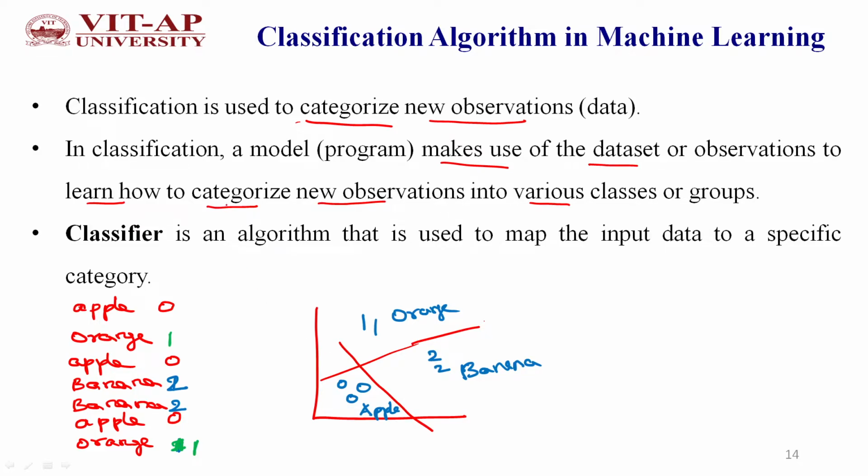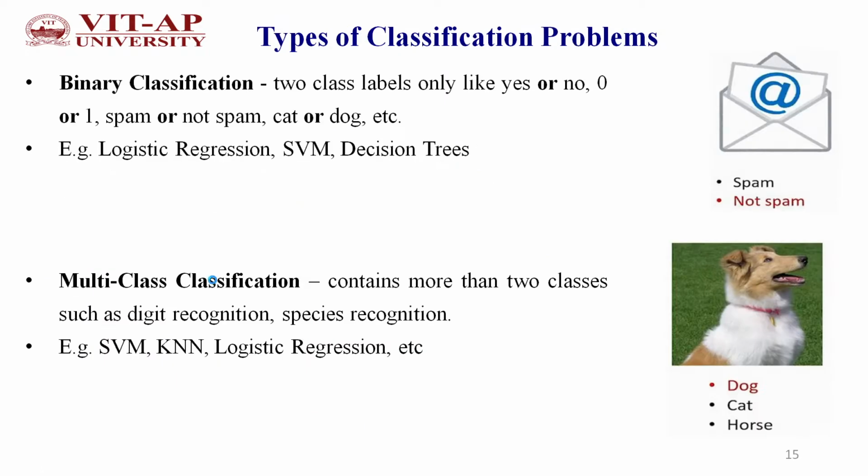So the classifier is an algorithm used to map the given input into a specific category or class. This is the purpose of classification algorithms in machine learning.